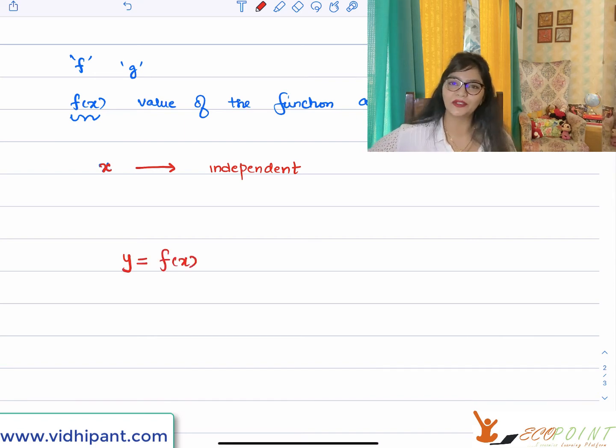We write a function f(x) equal to, say, y. That means y is the value that this function attains at the input x. So x is the independent value which is deriving a value y for you. So that means y is dependent. With this depiction, you can say that y is dependent on x.